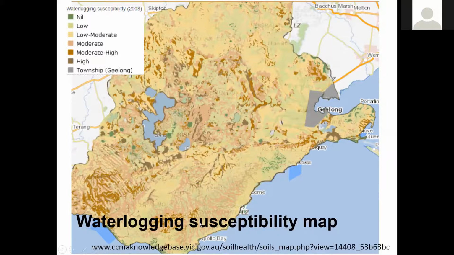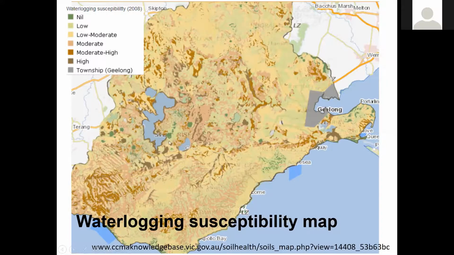And we were able to come up with what was called a susceptibility map, so almost like a risk map. What's the likelihood of these different soils becoming waterlogged at some point in those more extreme rainfall years?